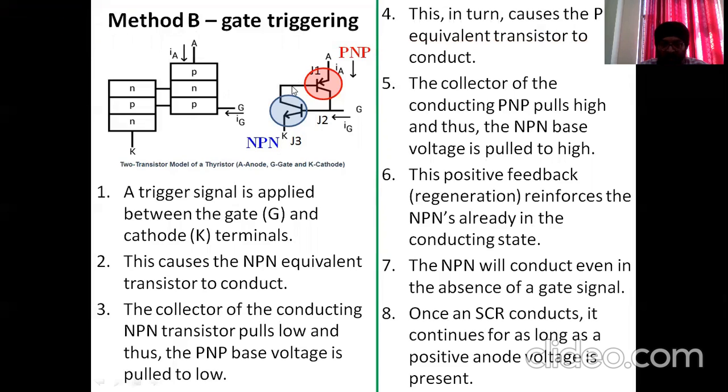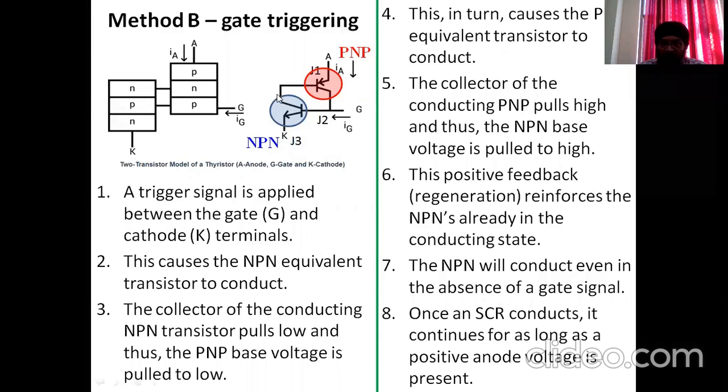So if this NPN transistor starts to conduct, the voltage over here in the base terminal of the PNP also starts to flow current, thereby turning on the PNP transistor.